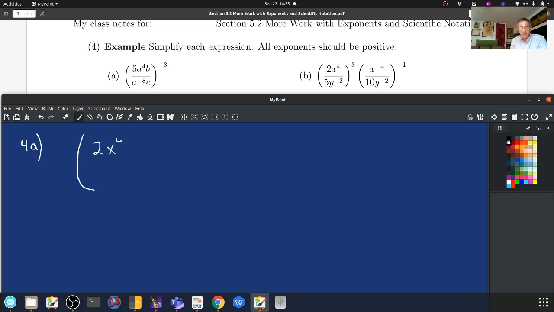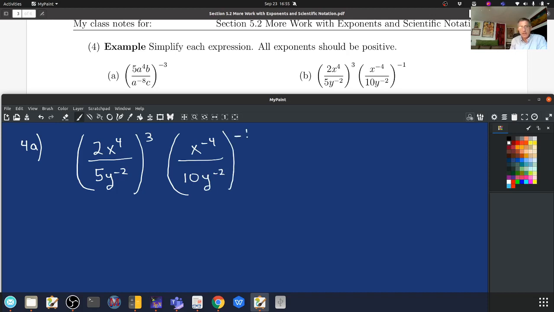Just one though. 2x to the 4th over 5y to the minus 2. It's raised to the 3rd power. And I'm multiplying it by x to the minus 4th over 10y to the minus 2. And it's going to be multiplied by minus 1.